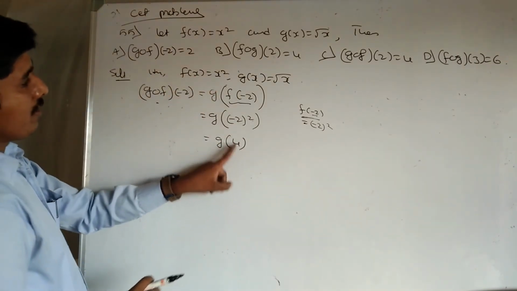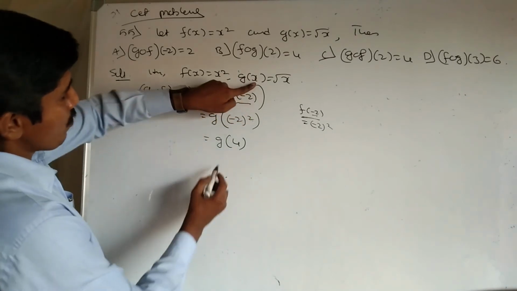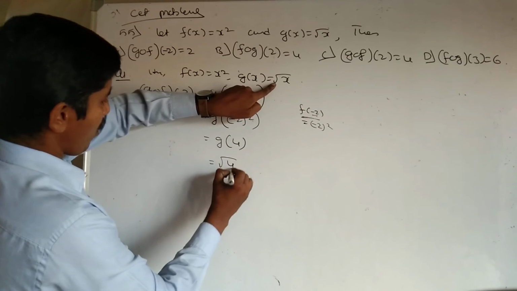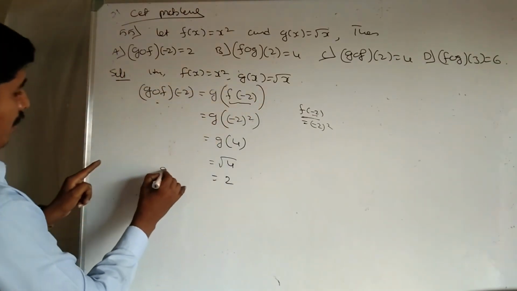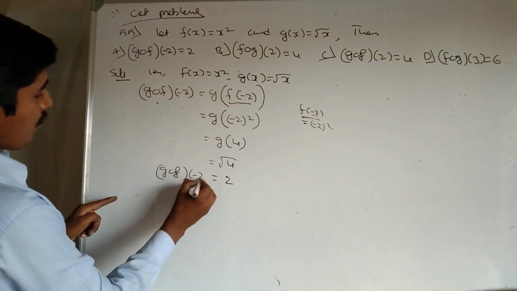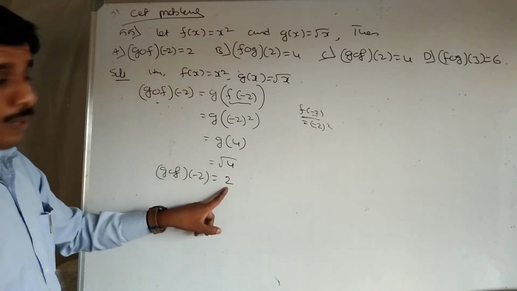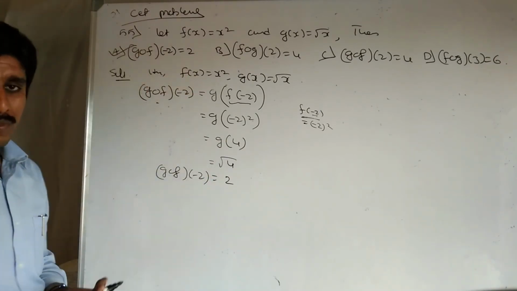Now define g: substitute x equal to 4. G of 4 equal to square root of 4, which is 2. So g o f of minus 2 equal to 2. We get 2, which means A option is the right option.